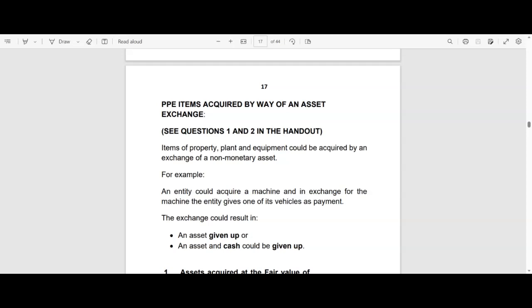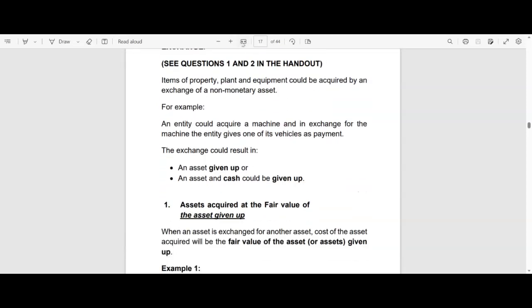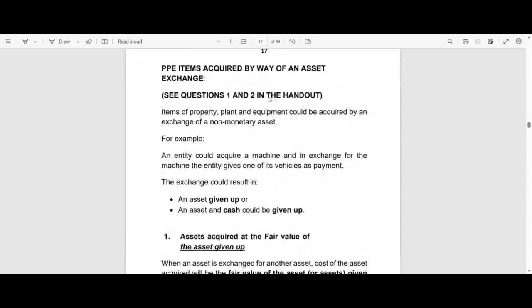Okay, ladies and gentlemen, now let us just go through some of these notes, but there's actually another discussion I wanted to take up with you. We say here that items of property, plant, and equipment could be acquired by an exchange of a non-monetary asset or a combination of the two, like in our example. For example, an entity could acquire a machine, and in exchange for the machine, the entity gives one of its vehicles up as either a full payment or a partial payment.